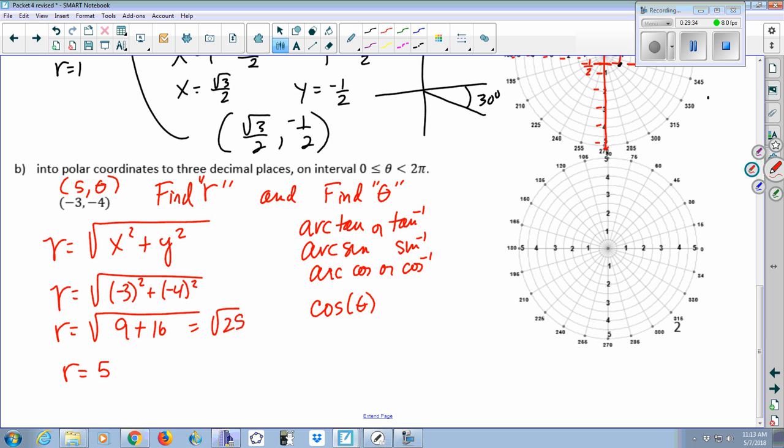All right, so to find theta, we either have to say, okay, what's my cosine of theta? Or what's my sine of theta? Or what's my tangent of theta? It's really up to you. Your calculator is going to do most of the work for you anyway. You can use any of these trig functions. So your cosine is negative 3/5, your sine is negative 4/5, and your tangent is negative 4 over negative 3, which is 4/3.